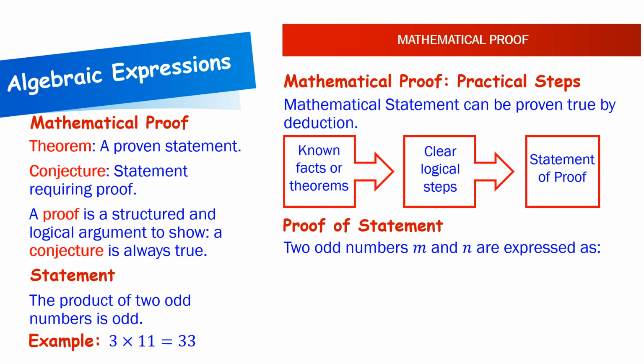Now, two odd numbers m and n can be expressed as follows. m equals 2p plus 1 and n equals 2q plus 1, where p and q are integers.